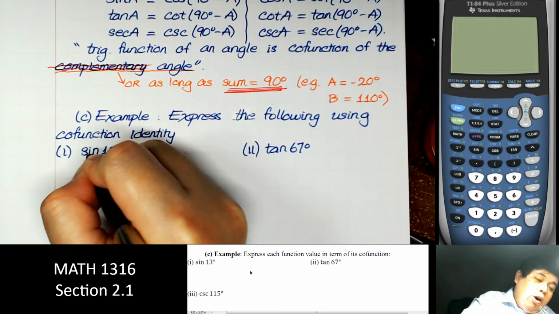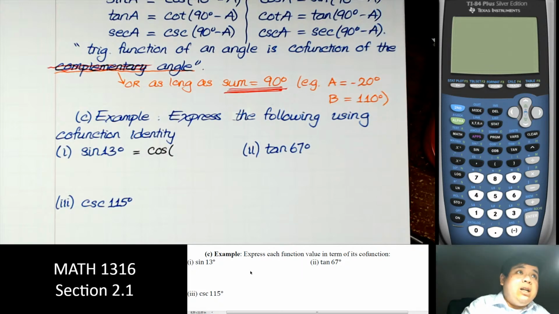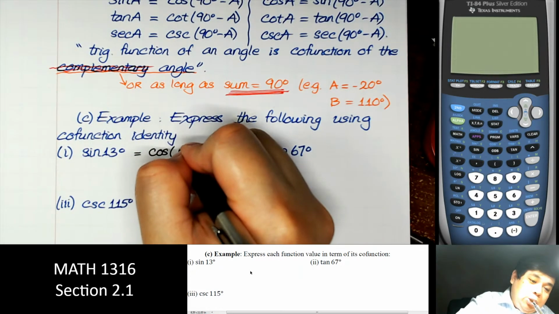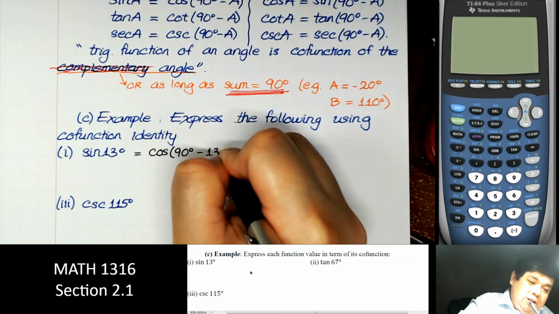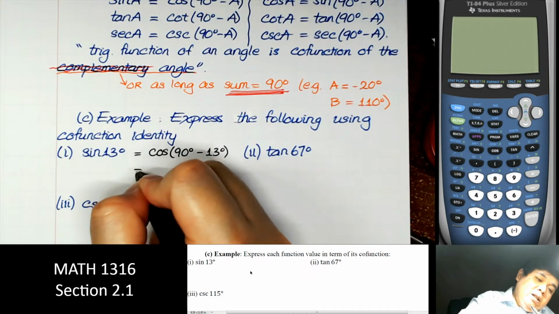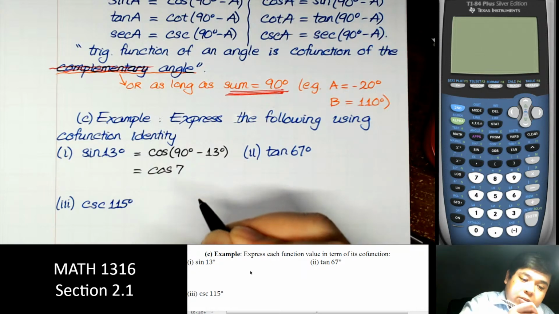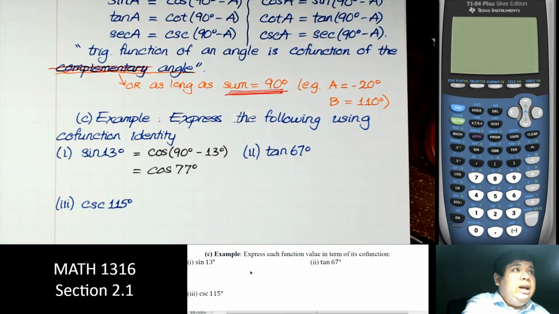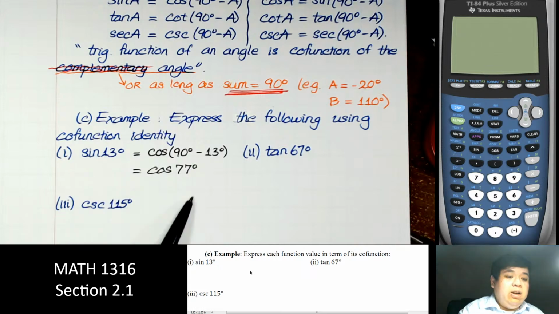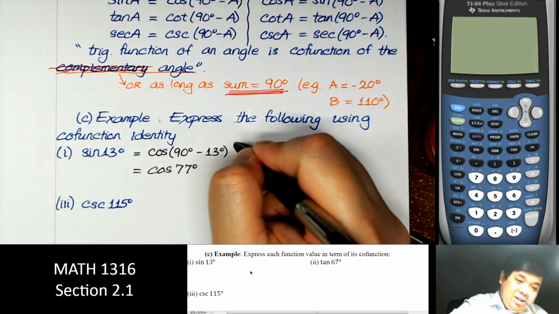The cofunction of sine is cosine. And when we do that, we go from an angle to 90 degrees minus the angle. And that is 77 degrees. Because 13 and 77 are complements of each other, which is perfectly fine.